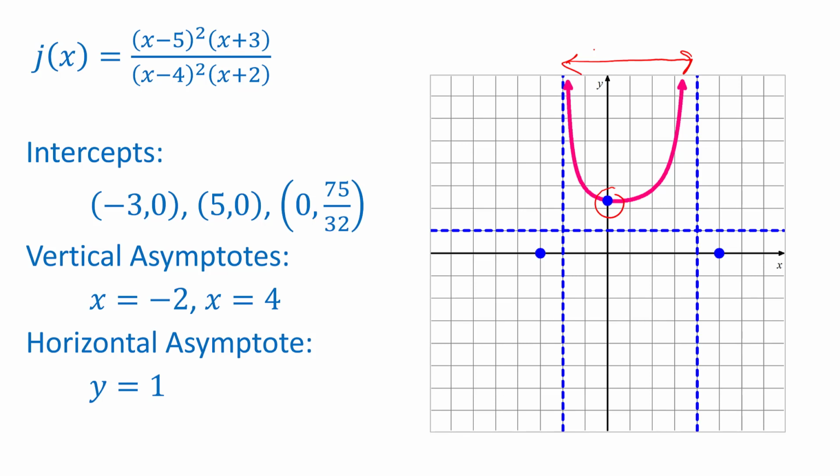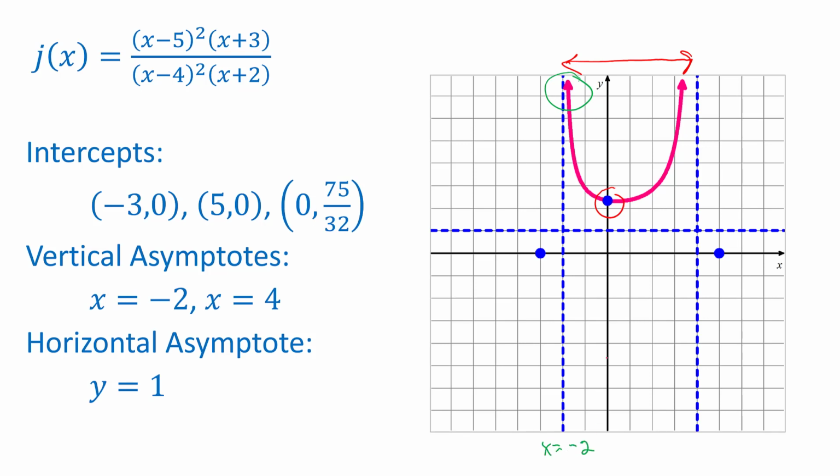Then, if we want to determine what's happening, we're good in that middle region, so let's go to the left a little bit. Heading to the left side, we can see our graph is approaching positive infinity to the right of the vertical asymptote, x equals negative 2.